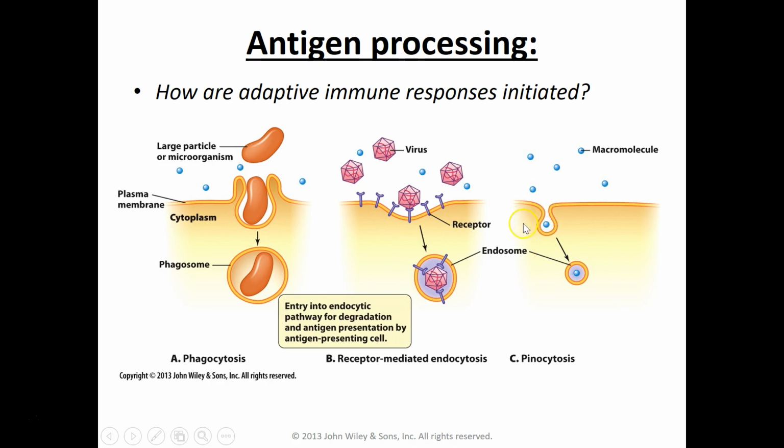Sometimes cells are going to surround molecules, like proteins, in vesicles. This is called pinocytosis, sometimes referred to as drinking. Phagocytosis is sometimes referred to as eating because they're much larger. Irrespective, the stuff is either being taken in or it's getting in to our cells.